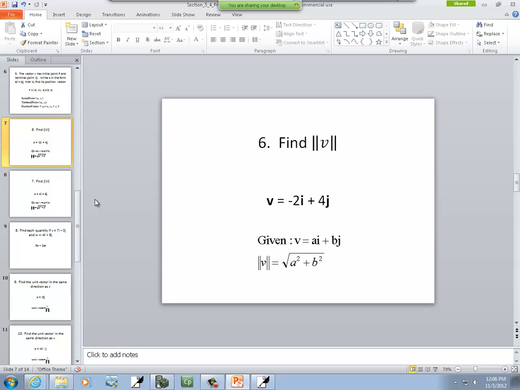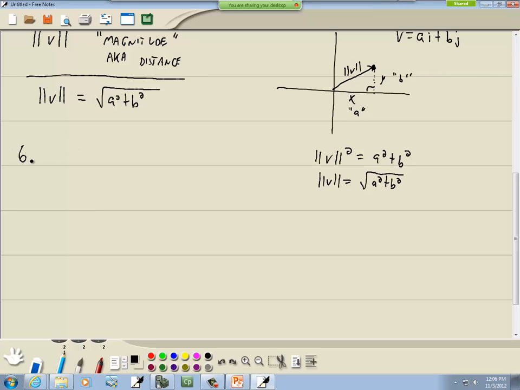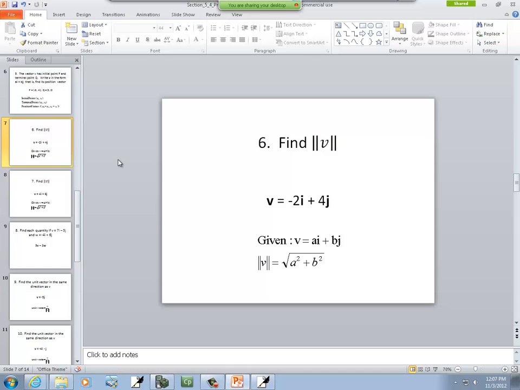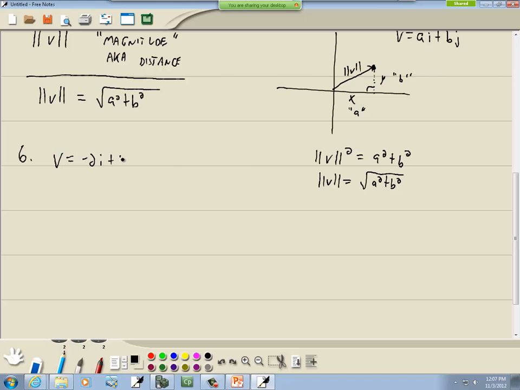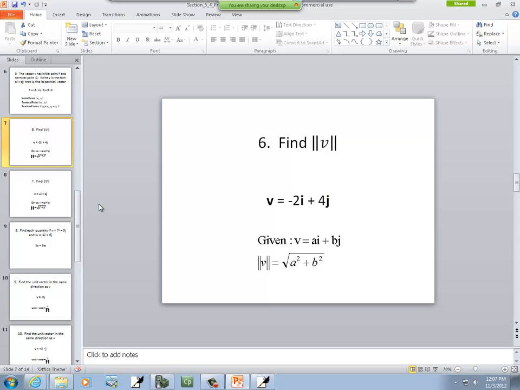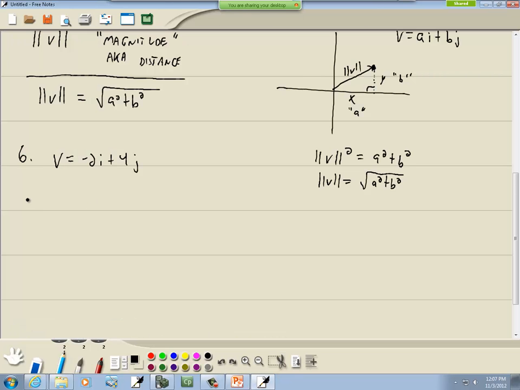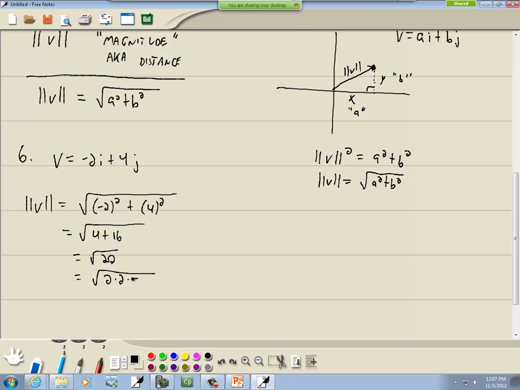So let's look at this one now. We have v equal to -2i plus 4j, and it says find the magnitude. Well, we're going to take the square root of -2 squared plus 4 squared, which gives us 4 plus 16, which gives us 20. 20 is 2 times 2 times 5.